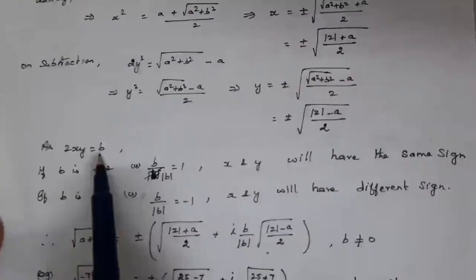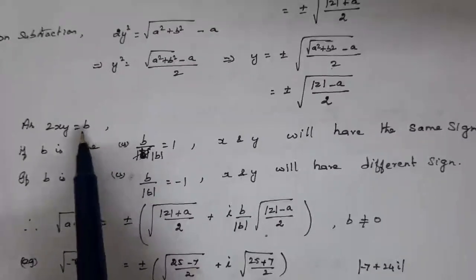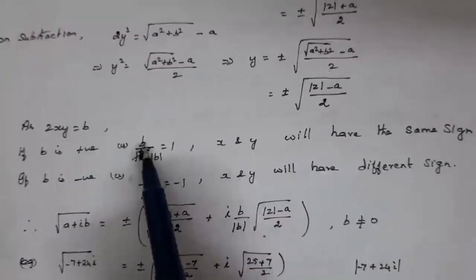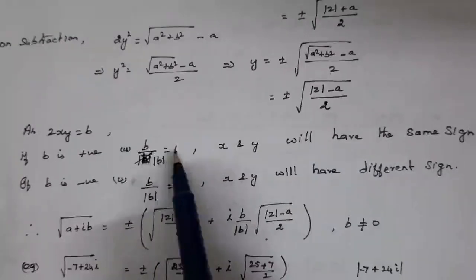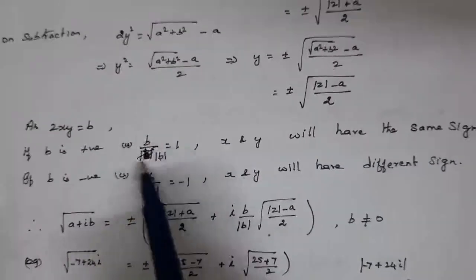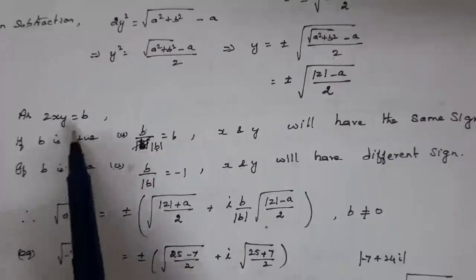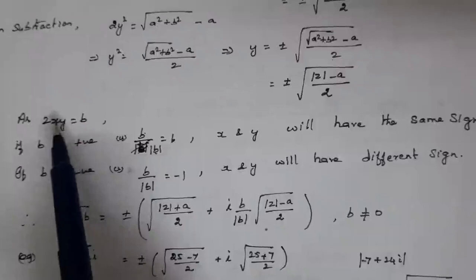Now, as 2xy is equal to b, if b is positive, that is b by its modulus of b is equal to 1, then both x and y should have the same sign.